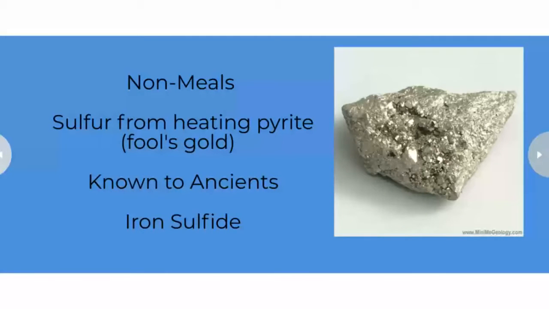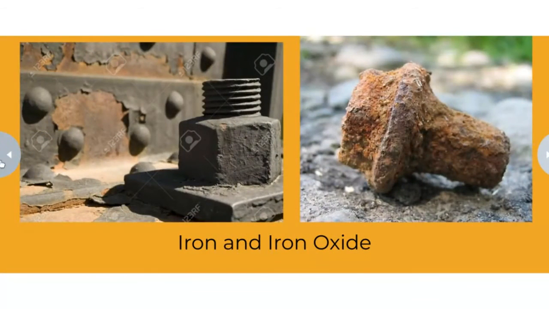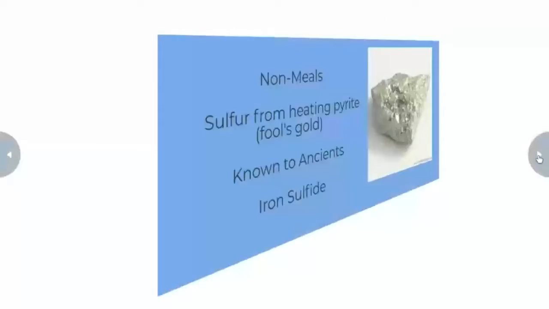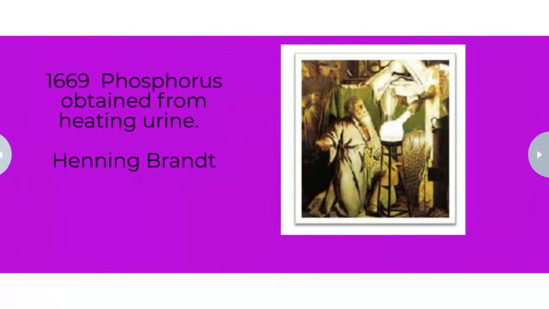Okay, so many of these elements, some of them were known in more ancient times. Some were discovered more recently, like the metals. Now look how recently phosphorus was discovered. We saw this picture before. This is an alchemist, Henning Brandt.